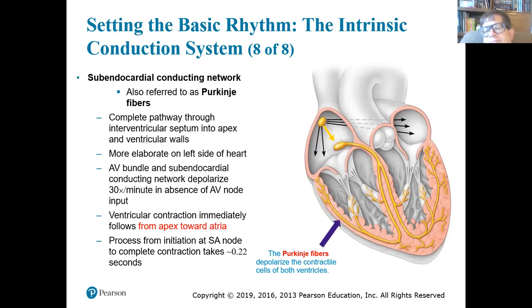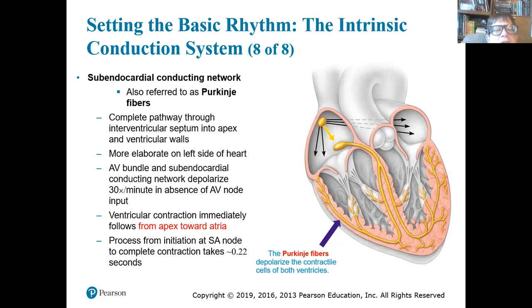Once you get to the apex, the signal continues and goes up through the wall. The book is using the term subendocardial conducting network. I've never heard that. I always just call them Purkinje fibers. On your test, it's going to be Purkinje fibers.